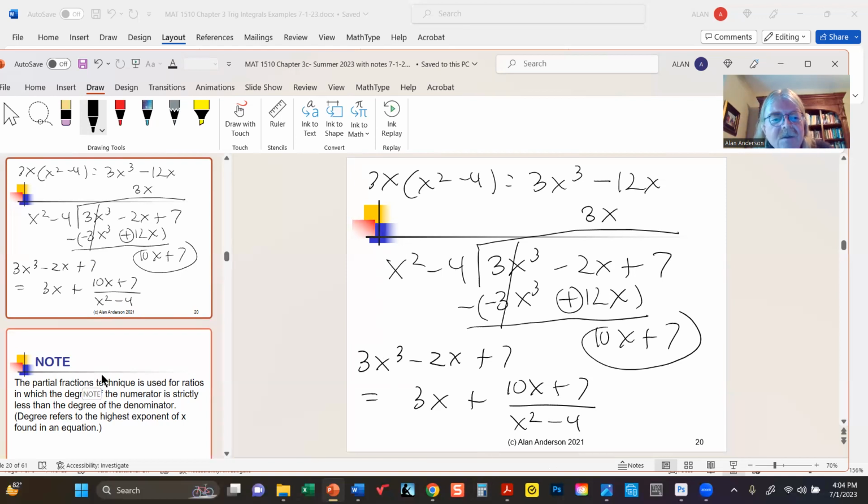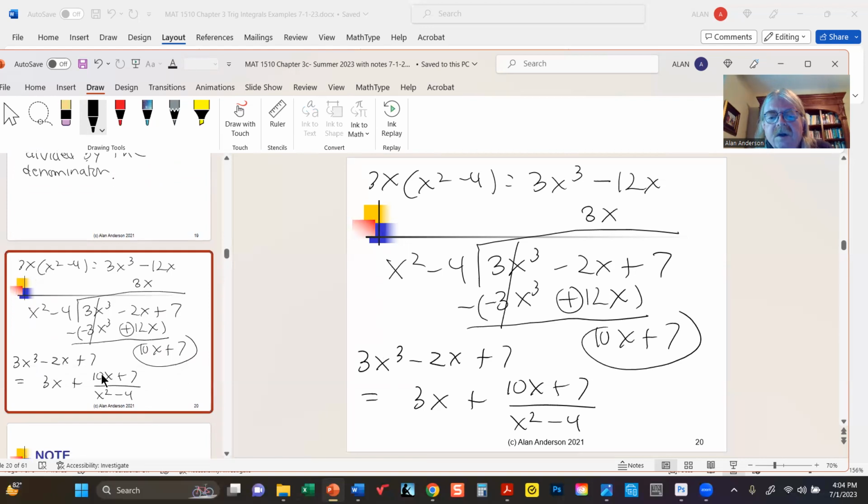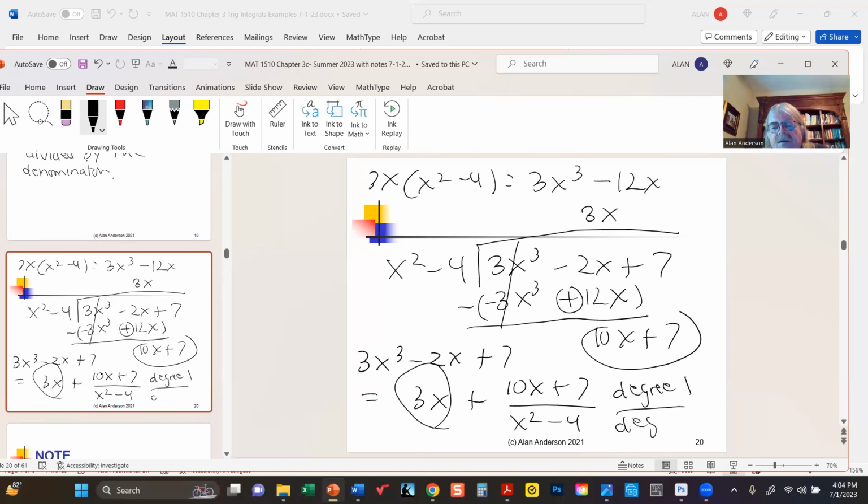Now, all the terms have the requirement that the degree in the numerator is lower. Well, this first one isn't even a ratio, so we don't have to worry about it. But this one, the numerator is degree 1, and the denominator is degree 2. So now we can apply the partial fractions technique to what we have here.